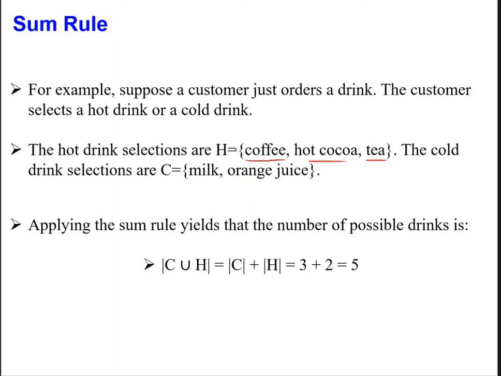You have to make a choice out of all of these, so you choose one. The cardinality of this set is 3, and of this set is 2, so your possible combinations are 5. That's because of the sum rule.